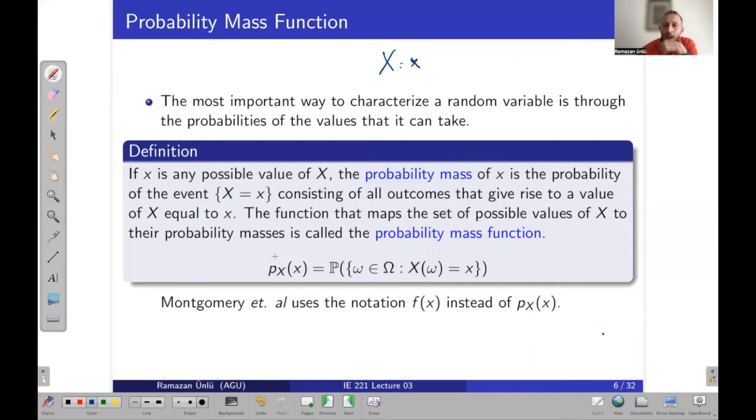I can use this notation: the probability of capital X, subscript X, at x is equal to the probability of the subset of omega, where the value X(ω) is equal to small x, which gives rise to the value of x.